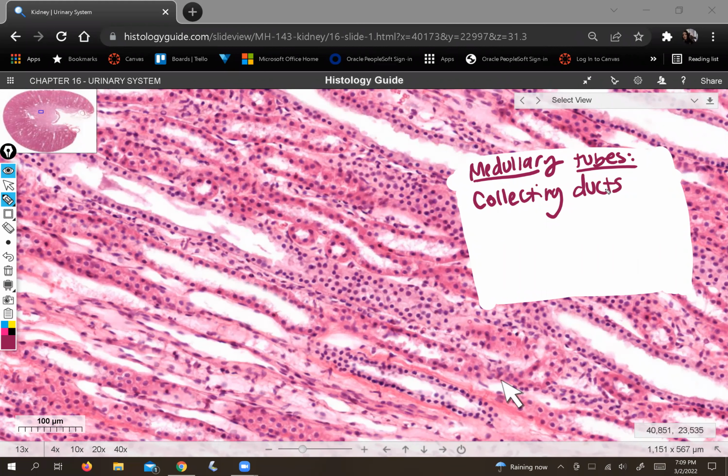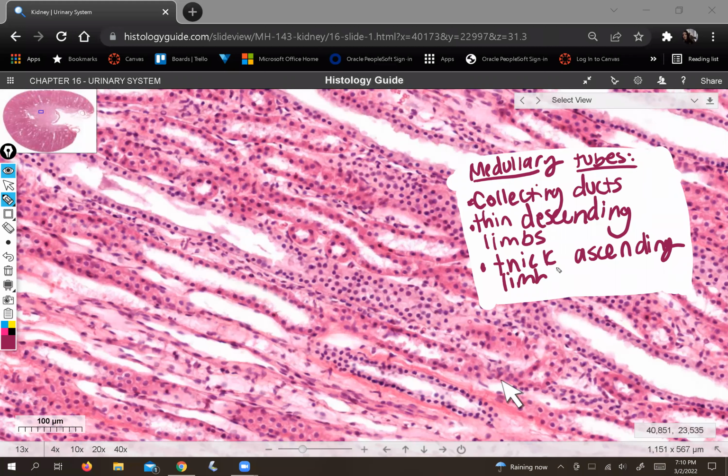But I also know that my nephron loops poke down into this thing. So that implies that I'm going to see thin descending limbs of the loop of Henle, and also thick ascending limbs.